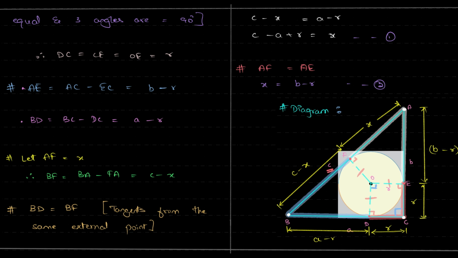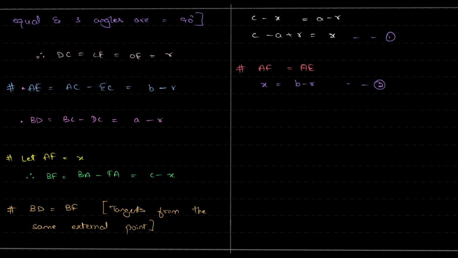We're almost done. So what we have here is B minus R is equal to C minus A plus R.